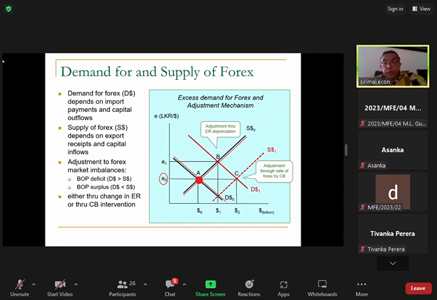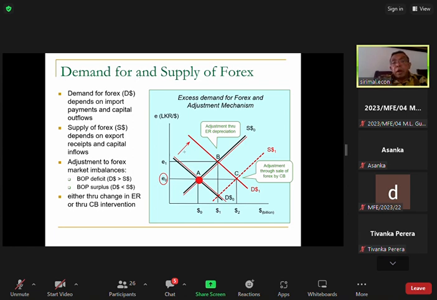For some external reasons, the demand rises. For example, think that foreigners want to sell all their domestic assets, rupee assets, and the company stocks held by the foreigners in the stock market, and they want to get out of the Sri Lankan foreign exchange market because they see uncertainty. What will happen?